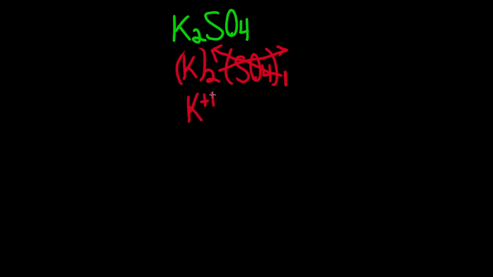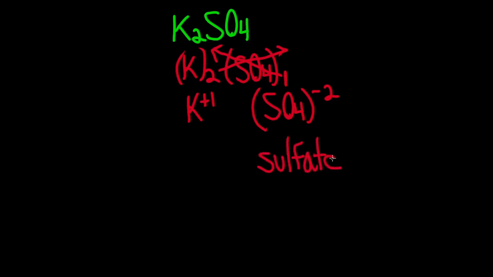I get potassium with a +1 charge, which works for us. We've seen that over and over and over again, that potassium is always going to have a +1 charge. My SO4 is going to have a -2 charge, and I can look at my oxyradical chart and see if that makes sense, and sure enough, I see that this is going to be called sulfate because it is the base state, and this is going to be potassium.